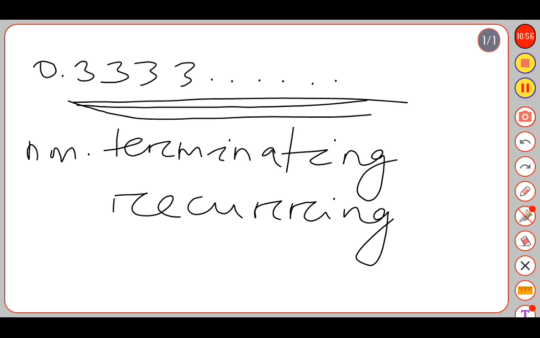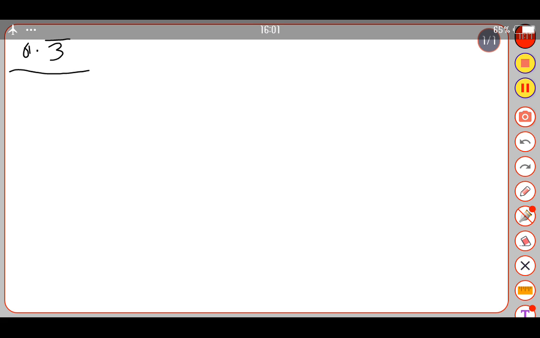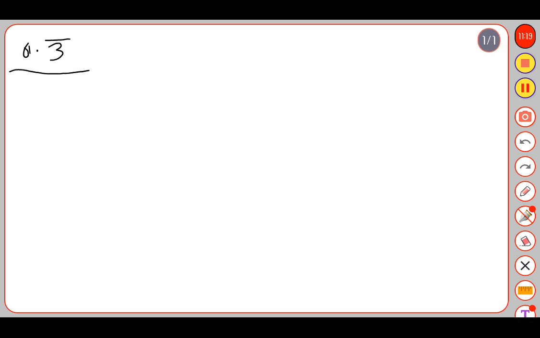So now we will express the decimal expansion in the form of p by q. Let's do example 7. Here it is given 0.3 bar. So we have to express this 0.3 bar into p by q form.